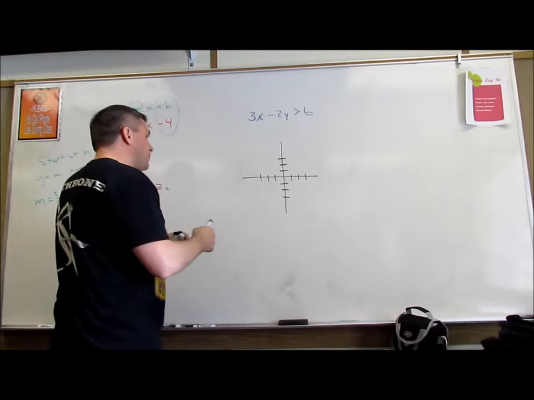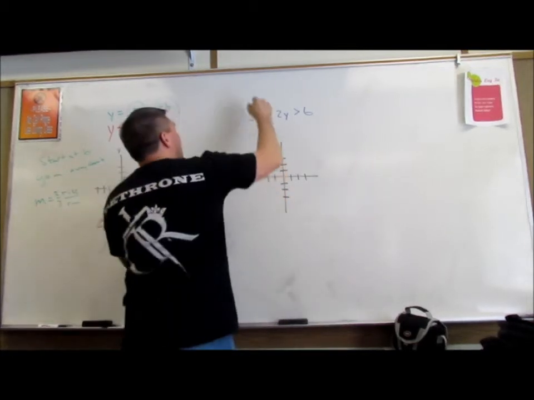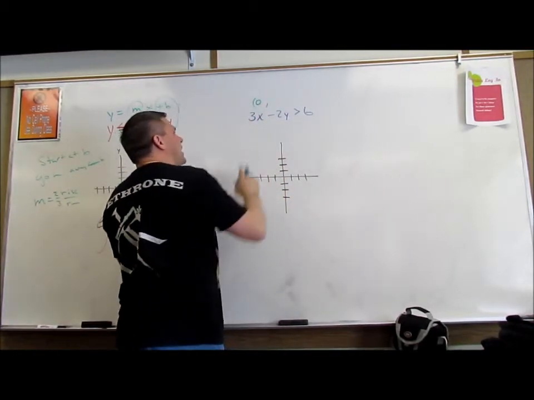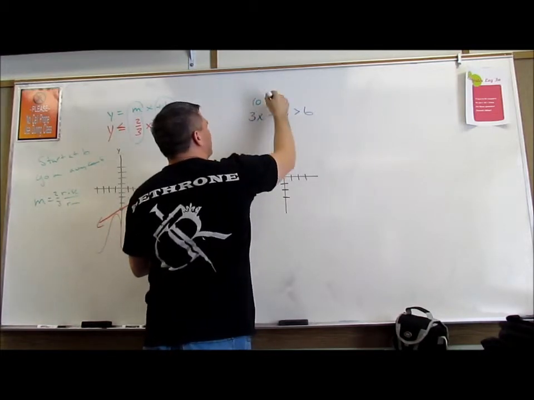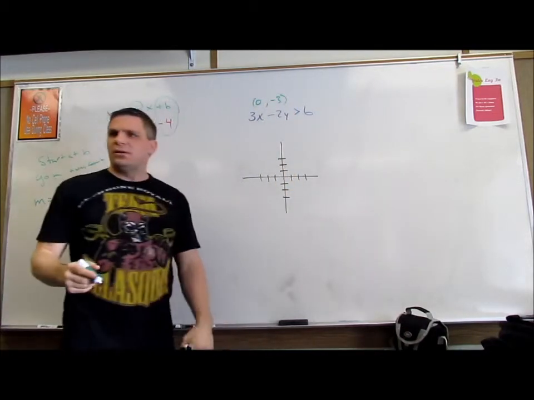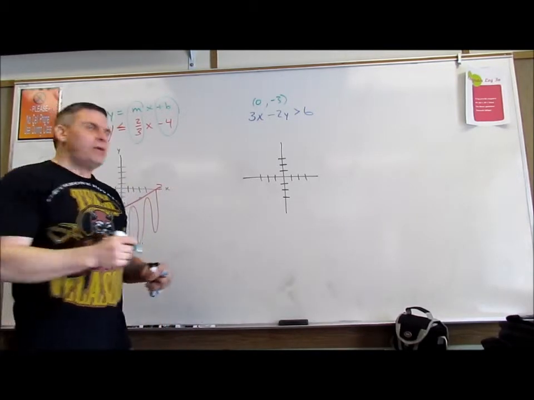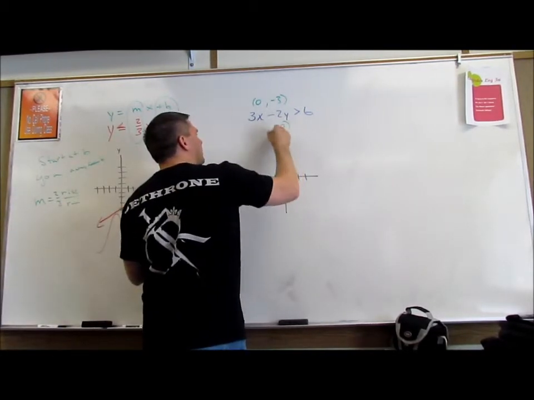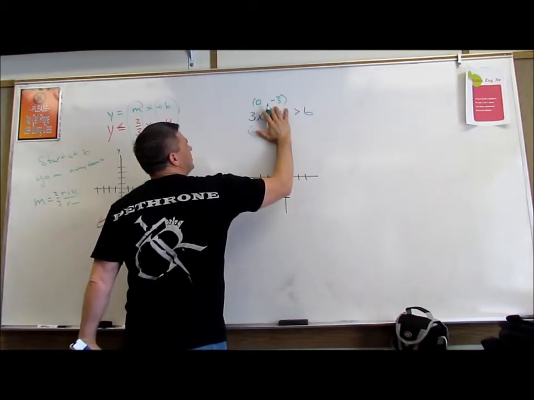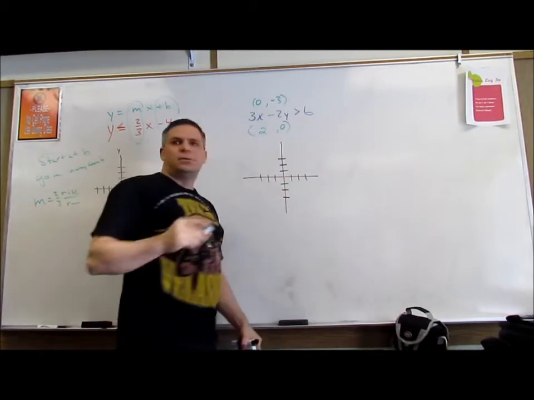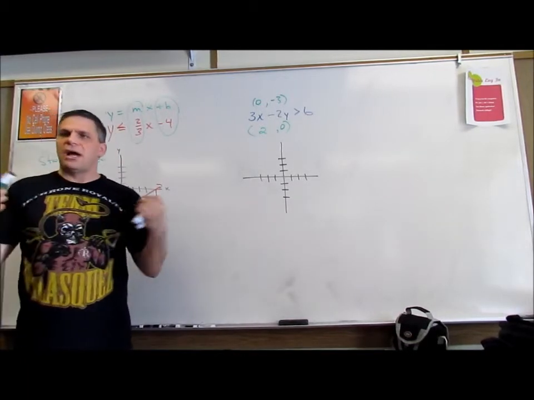Okay? So, let me show that again. If I plug a 0 in for x, that means this goes away, and y is equal to negative 3. If I plug a 0 in for y, then this goes away, and x is equal to 2. How does that happen?